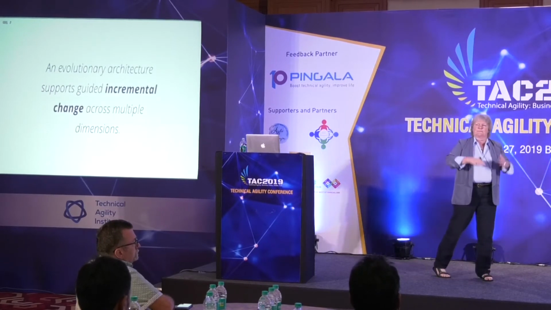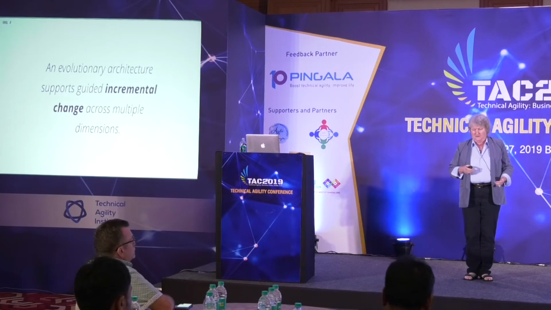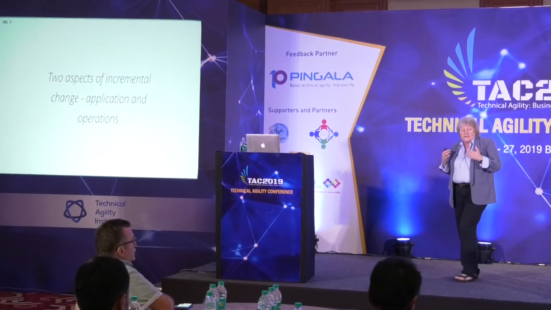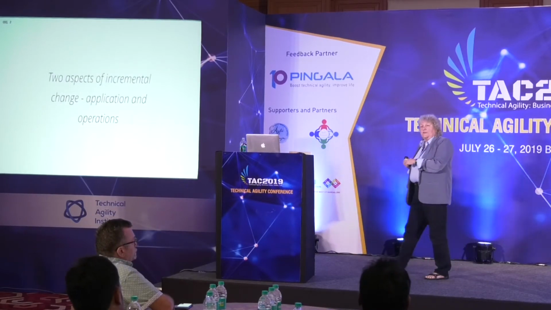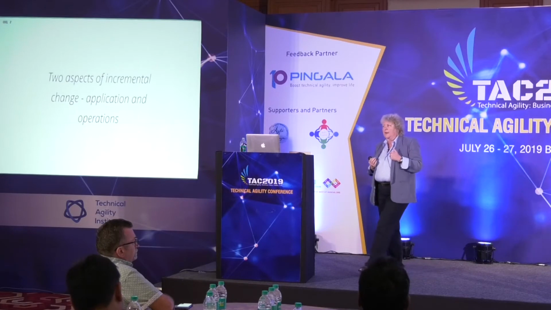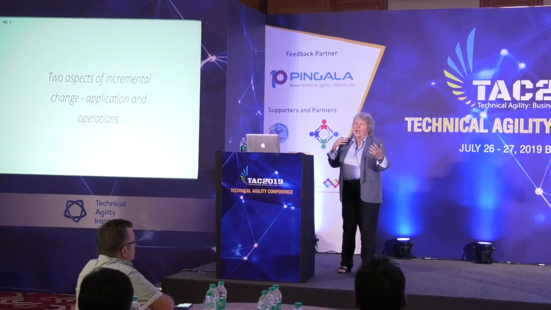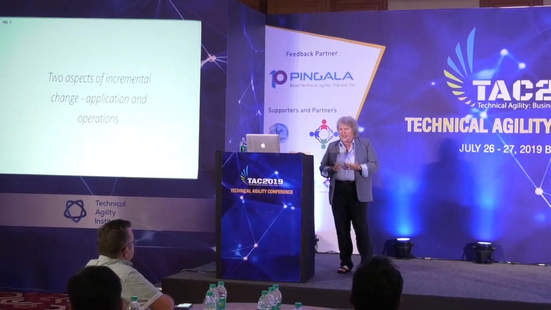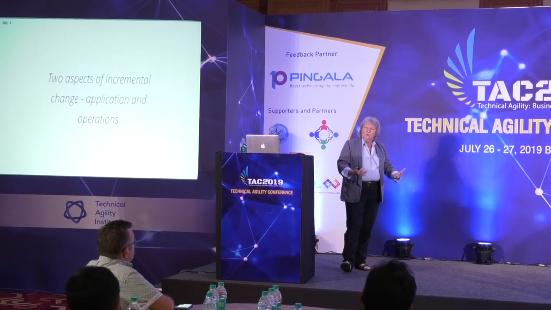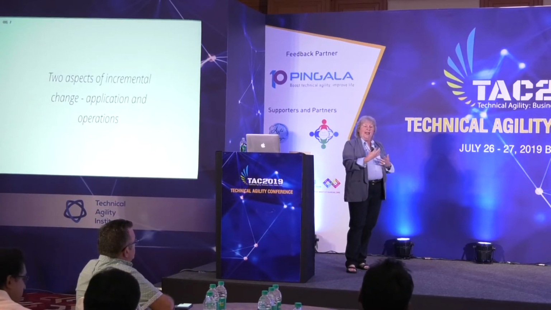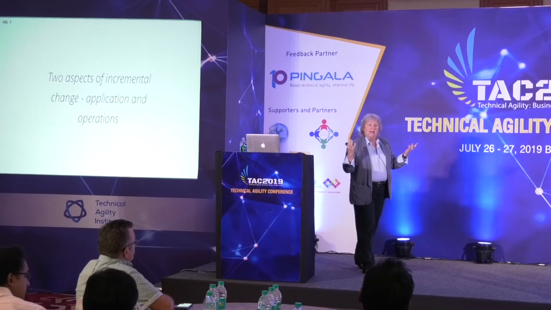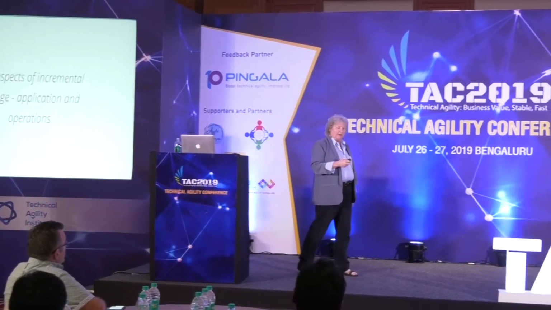Incremental change. This is a big deal in the Agile community. Within architecture, there are actually two different aspects of incremental change that we want to talk about. There is how you actually get new functionality into an application, and what are the operational mechanisms that we use to support incremental change.